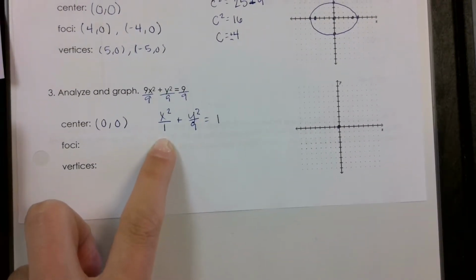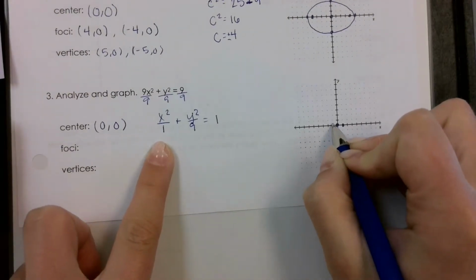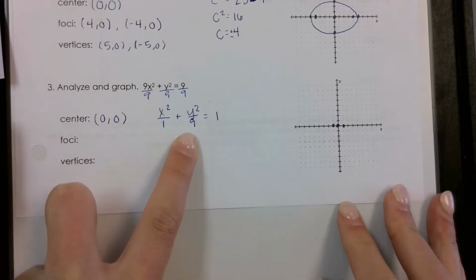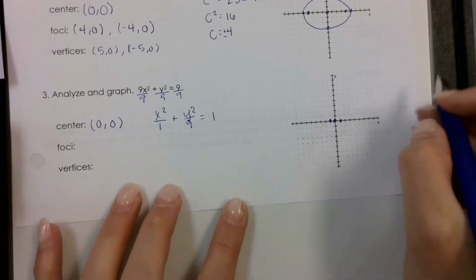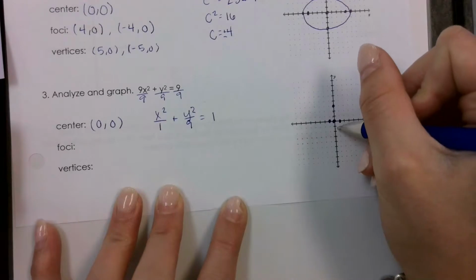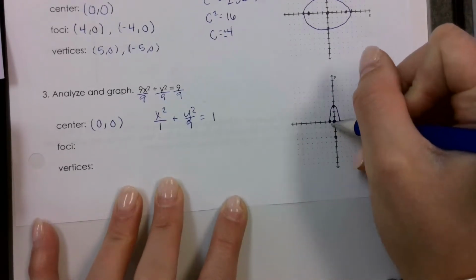How far do we need to go out on the x-axis? 1. Under the y, we have 9, so the square root of 9 gives you 3. How far do you need to go in the y direction? 3. So go up 3 and down 3. We can connect those and you're all graphed.